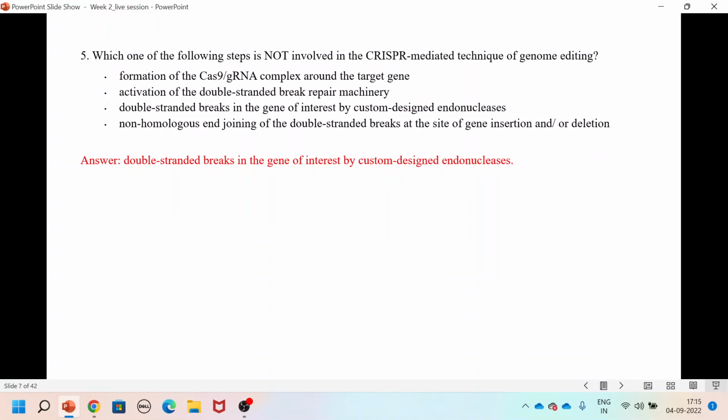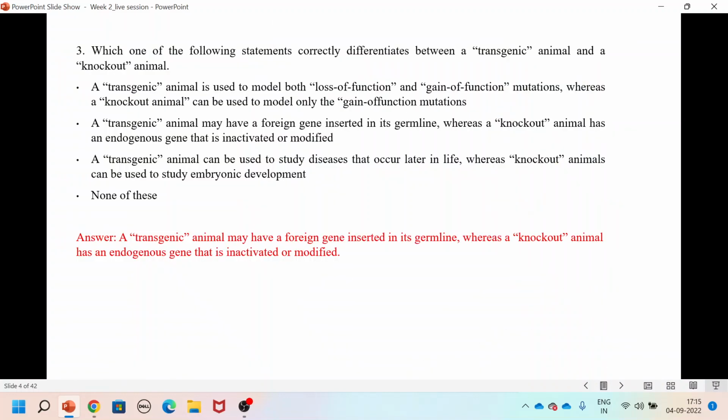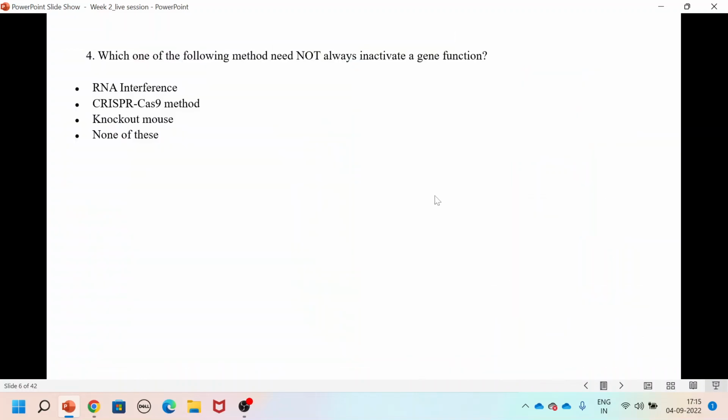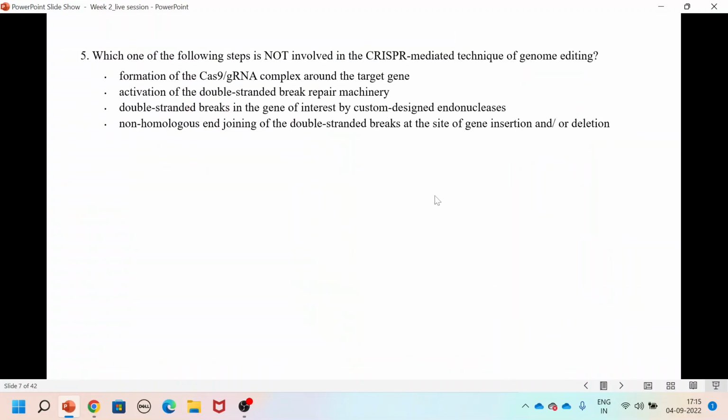As for the one who said option B is correct, that activation of the double-stranded break repair machinery does not take place, the last step of the CRISPR-Cas mechanism should definitely be the repairing of this double-stranded break which we have created as a part of the CRISPR-Cas9 technology. Also, I have explained why the fourth option is not correct. I hope it is clear to all.